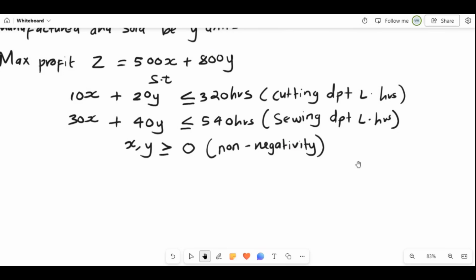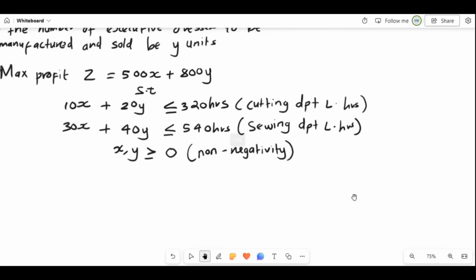And in this case, the number of slack variables that we are going to introduce will depend with the number of constraints that we have. But the number of constraints excludes the non-negativity. So that in this case, because we only have the cutting department hours and the sewing department hours, we have two constraints.